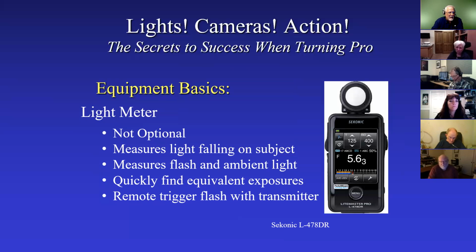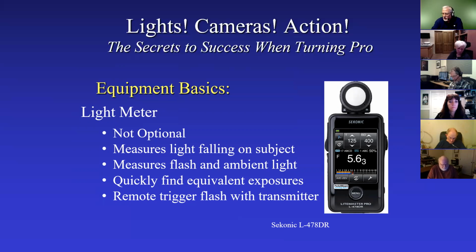The other great thing about them is that you can quickly run through all those equivalent exposures. Remember those equivalent exposures I challenged you to learn? F16 at 125, F11 at 250, F8 at 500, F5.6 at 1,000, F4 at 2,000. You can spend a lot of time learning that, or your meter will just tell you that. You can meter something at 5.6 at 125 and say, well, I really want to know what the exposure is at 2.8.